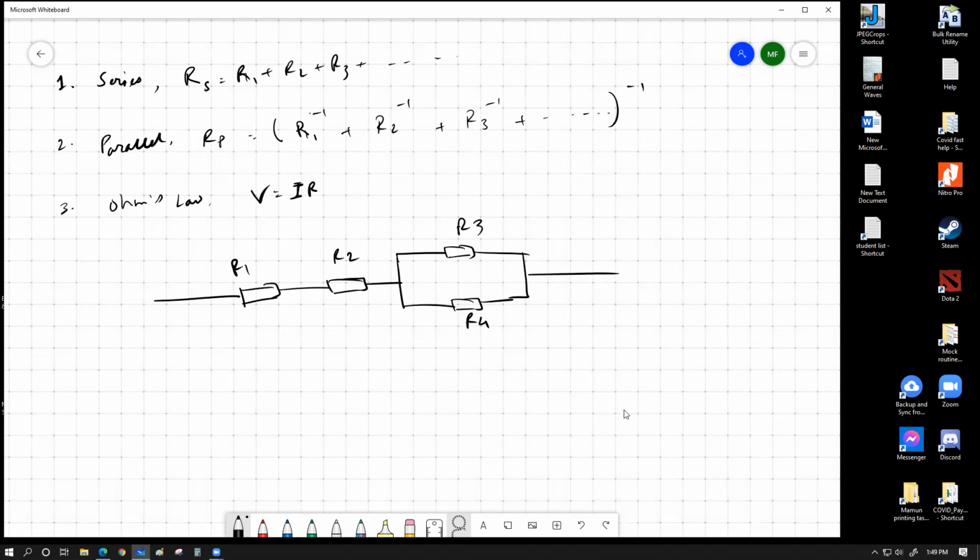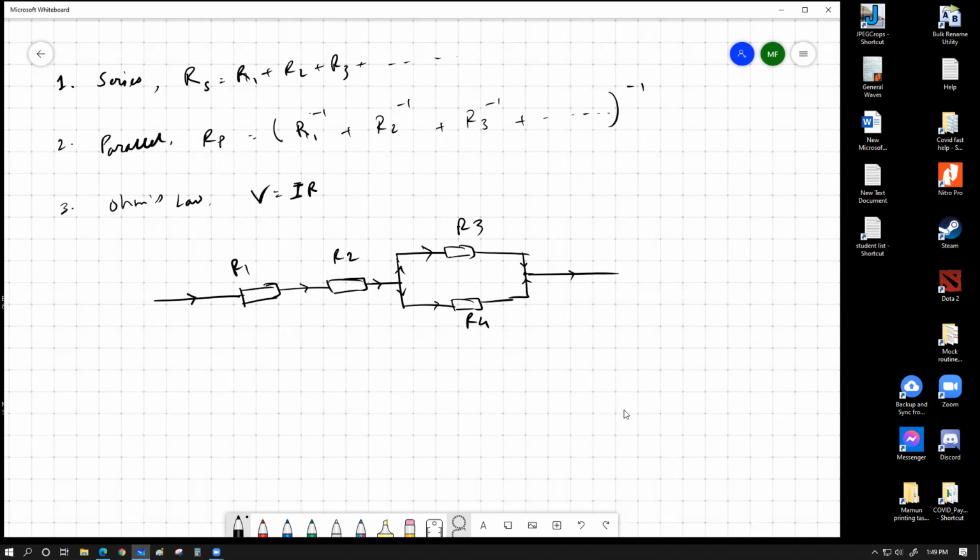The primary way we should think about this is that whenever current enters this circuit, it goes through R1, and then the whole current goes through R2, and then the current gets split into two parts for the R3 and R4 branches. The split currents go through the R3 and R4 branches, come down over here, merge at this point, and eventually come out as a whole once again.